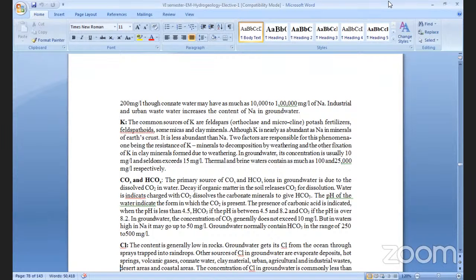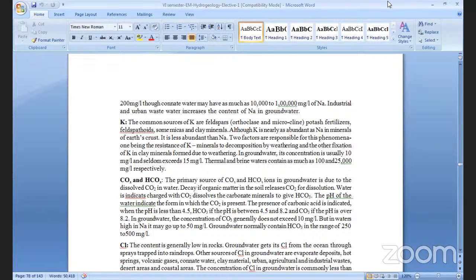It is also abundant in the earth's crust. Two factors are responsible for this phenomenon: the resistance of potassium minerals to decomposition by weathering, and the fixation of potassium in clay formed due to weathering.